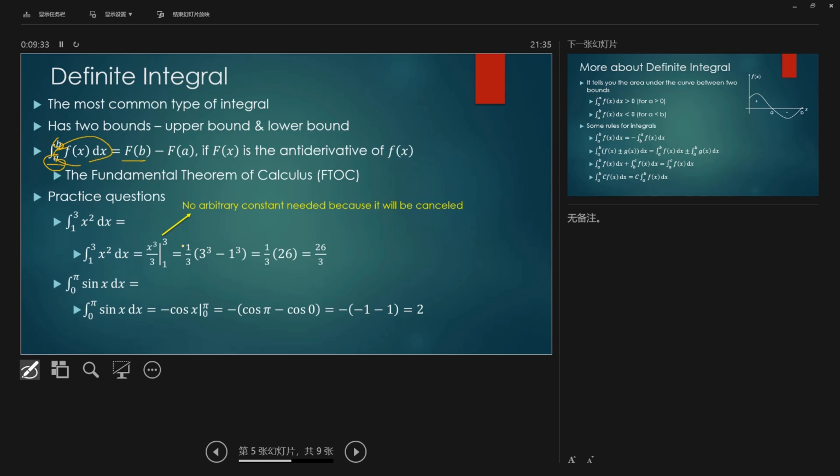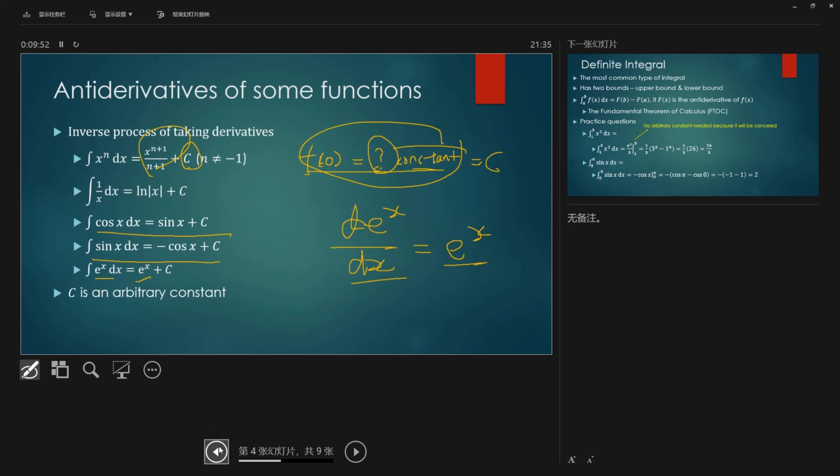Okay. So for this one, the integral from 1 to 3 of x squared dx, just remember what I told you before. This one over here is x to the n plus 1 over n plus 1.